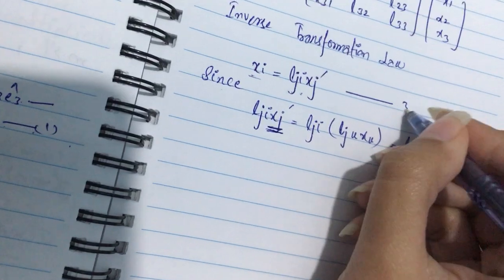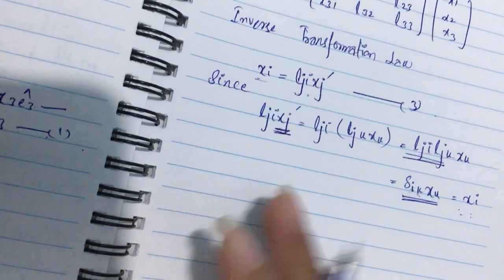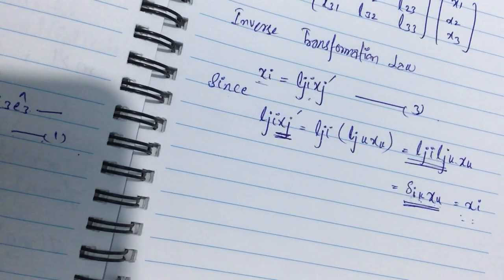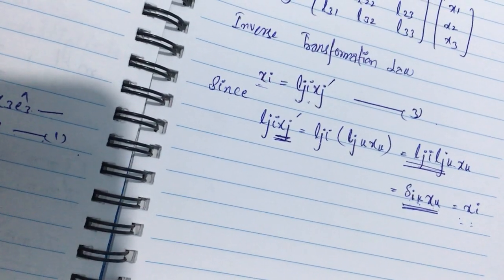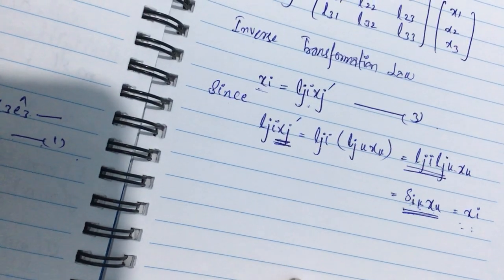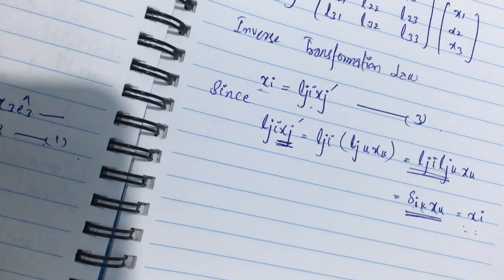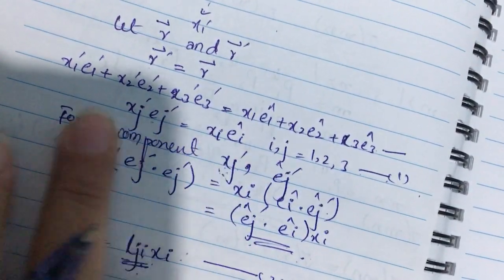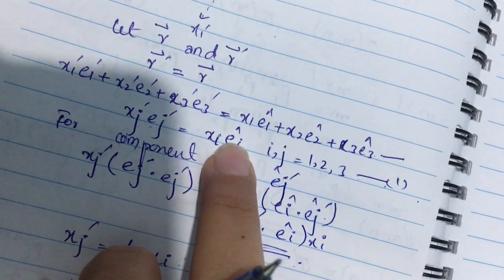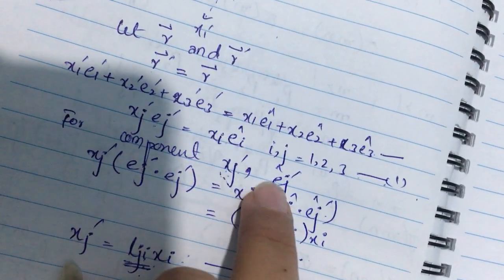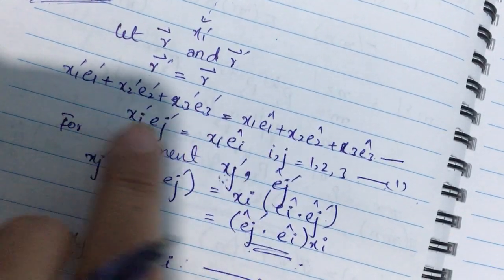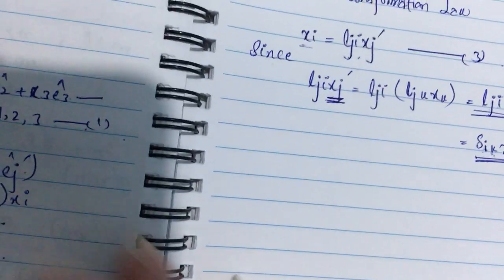Now this is called equation 3. Now I'm going to take the dot product of equation 1 with equation 3, with the unit vector ei. Here I take the dot product with ej dash, but here I am going to take the dot product of this equation with ei.